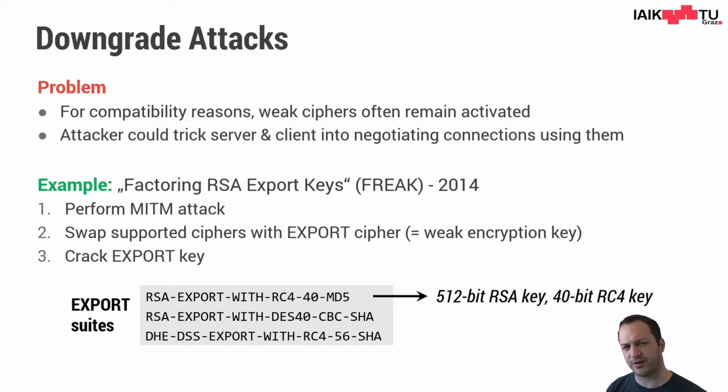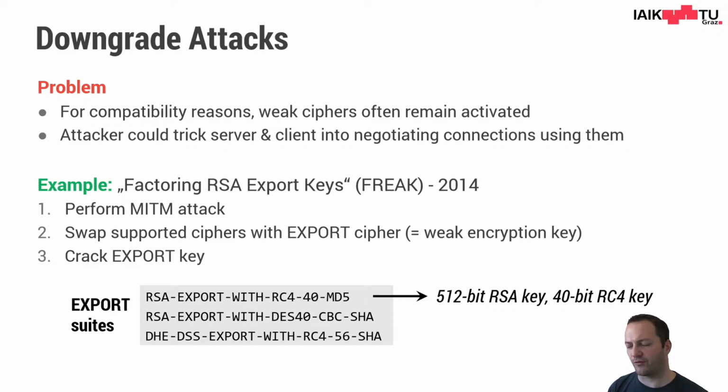In 2014, there was an attack called Freak, factoring RSA export keys. And the idea is quite simple. It's based on the man-in-the-middle attack, where the list of supported ciphers is simply swapped by a few of them that are marked with a keyword called export, so-called export ciphers.